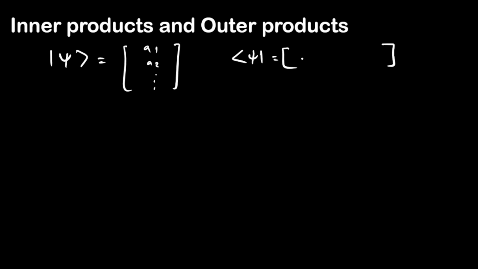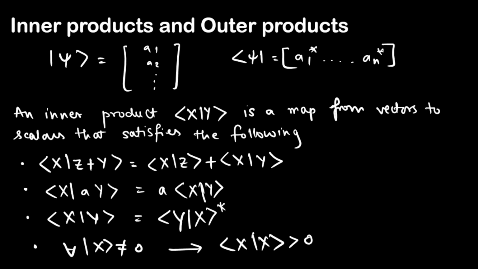Now before we see what are inner products and outer products, let's recall that a ket psi is represented by a column matrix and its dual vector bra psi is represented by a row matrix. Now knowing this, let's define an inner product. An inner product <x|y> is a map from vectors to scalars that satisfies the following linear properties, where x, y and z are our state vectors.